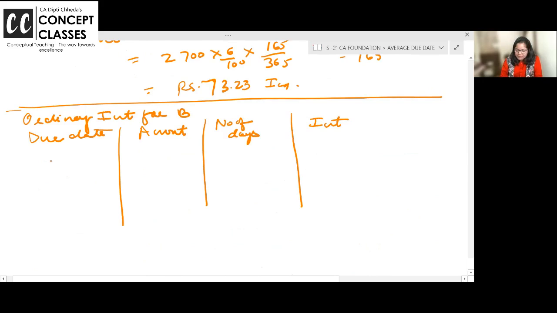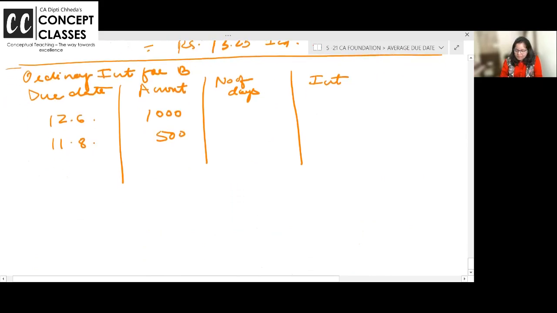So due date, 12th of June, 1000. 11th of August, 500. 9th of February, 400. 7th of March, 900. Yes. So now you have to calculate routine interest.